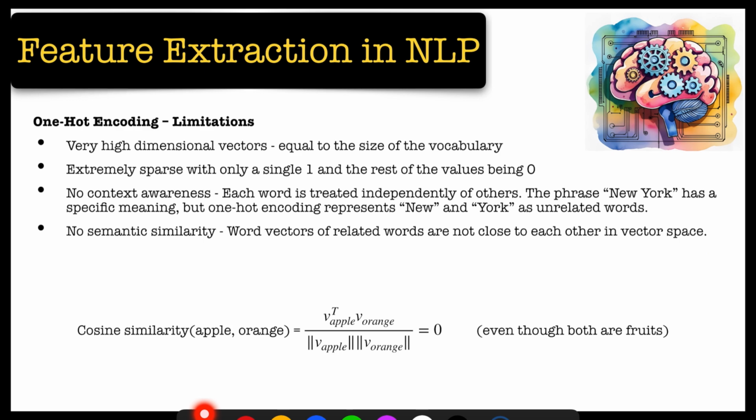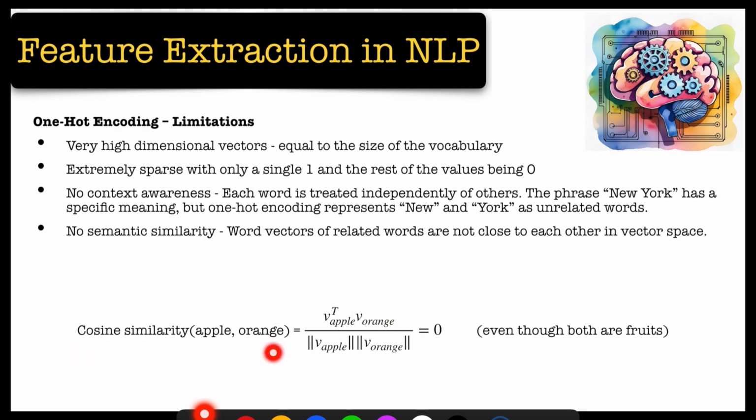Let's take an example here like apple and orange. Both are fruits, right? So they are somehow related. But if we try to measure the similarity between these two, we can calculate cosine similarity, which is one way to calculate the similarity between two vectors. Let's say V apple is the one-hot vector for apple, and V orange is the one-hot vector for orange.